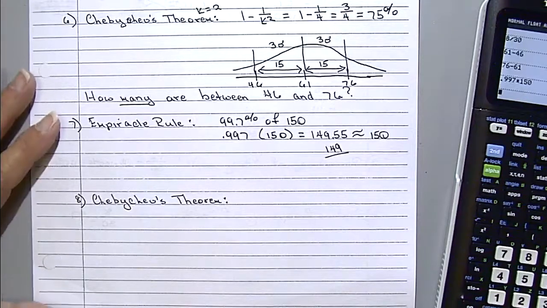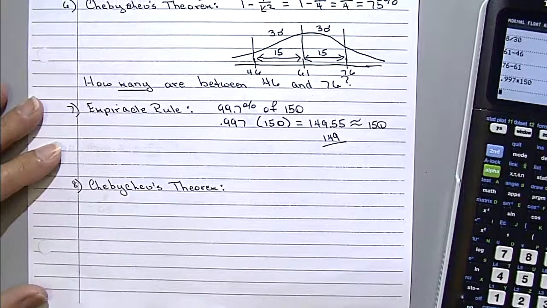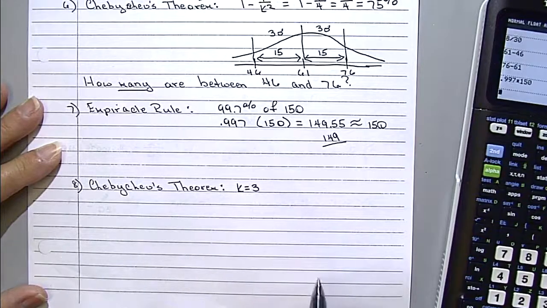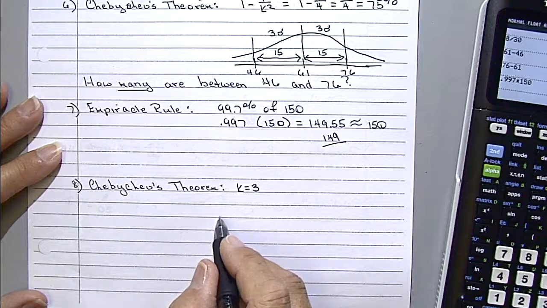Let's do it with Chebyshev now. Can you do the same thing with Chebyshev? What is K? All right, same formula. This time K is 3. Find the percentage and multiply it times the number of items in your data set to find out how many of them.